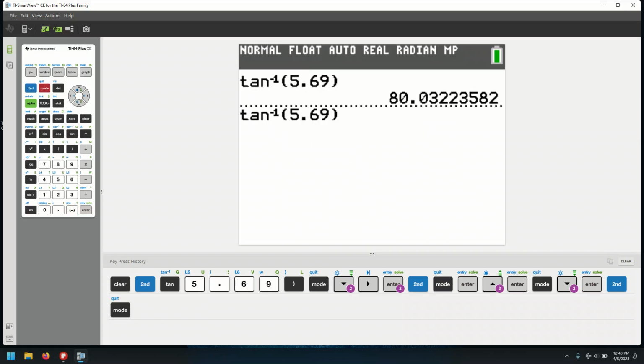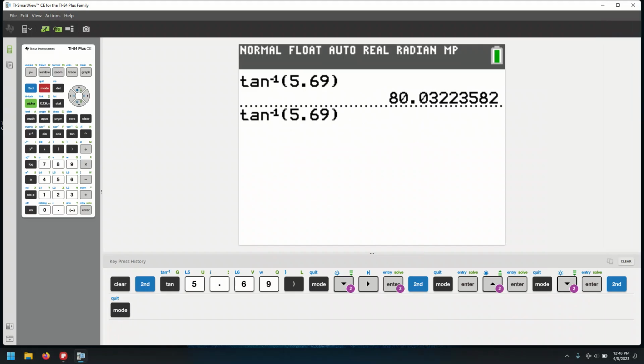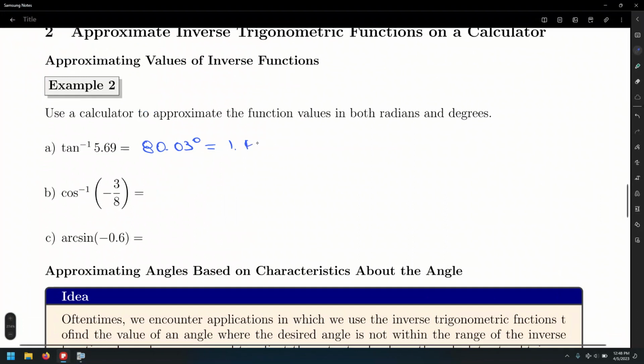That's going to depend on the context of the problem that we are dealing with. We may need one version or the other, or even both. So let me click enter, and that's 1.396, that's 1.40, I guess. Radians. All right.